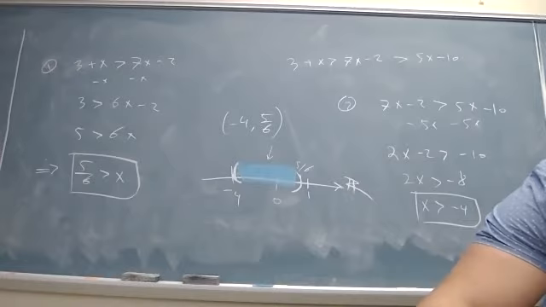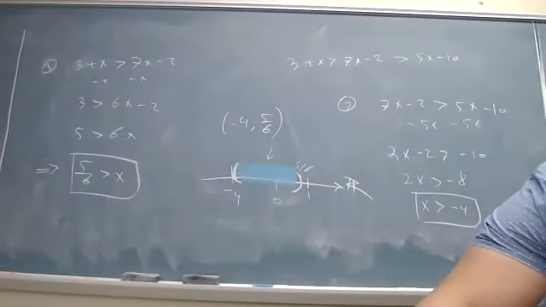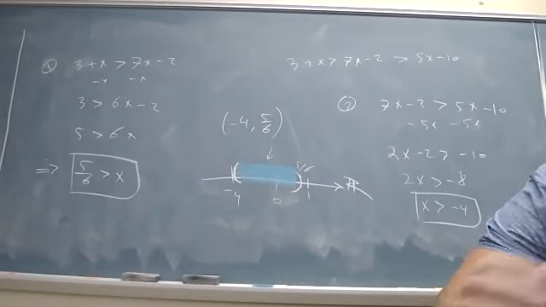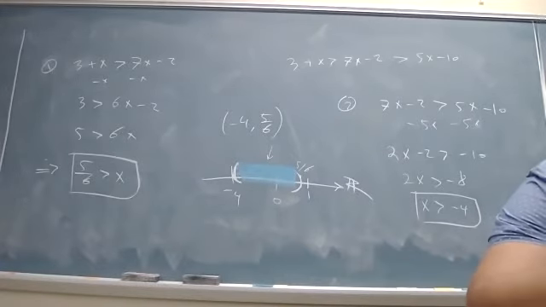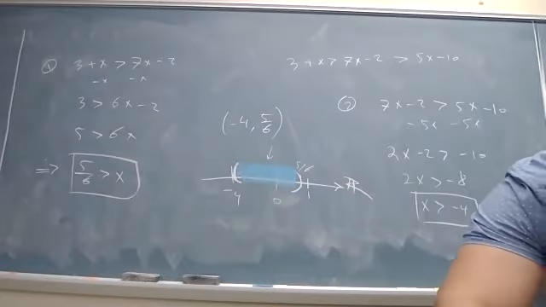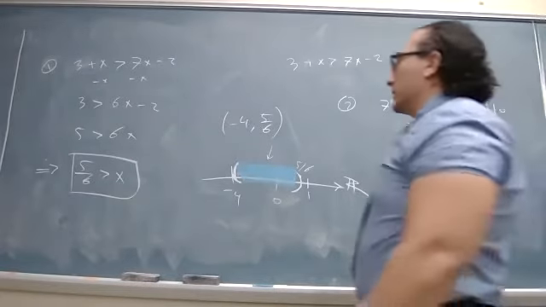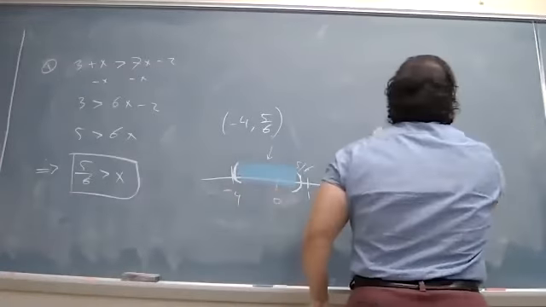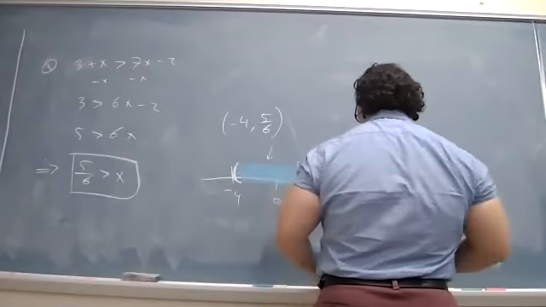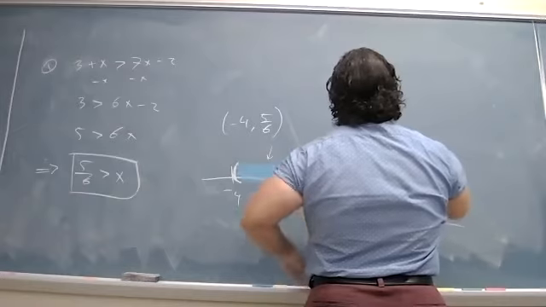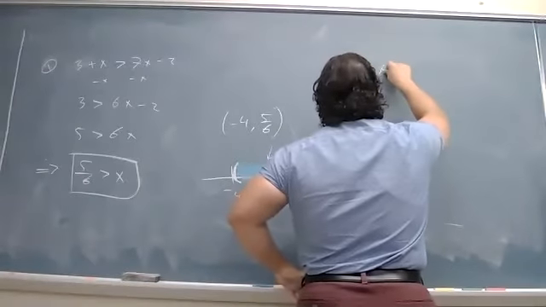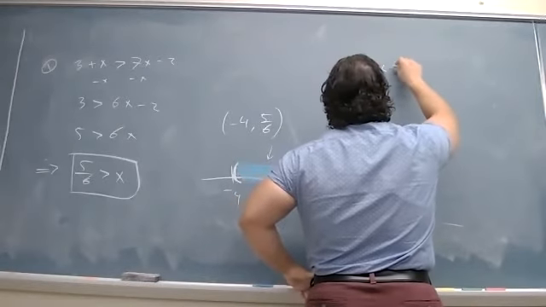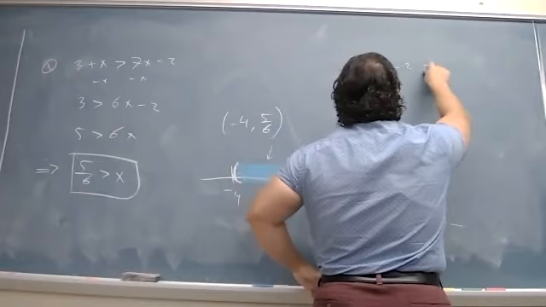When would you flip the inequalities? Whenever you multiply or divide by a negative number. That's when you do that. So for instance, let's say we're doing a calculation where we have negative 3x minus 2 greater than 5.